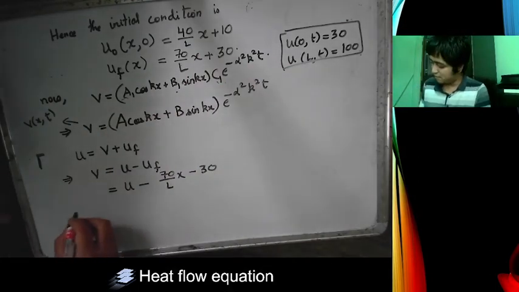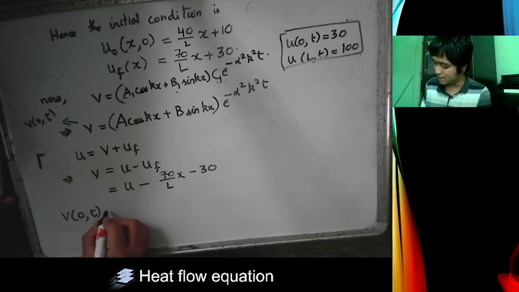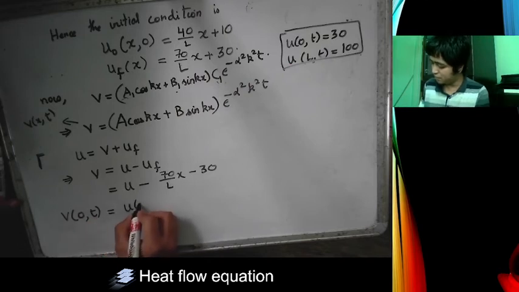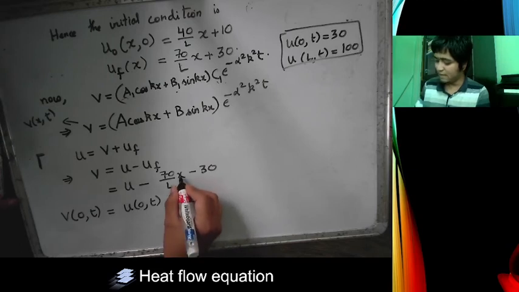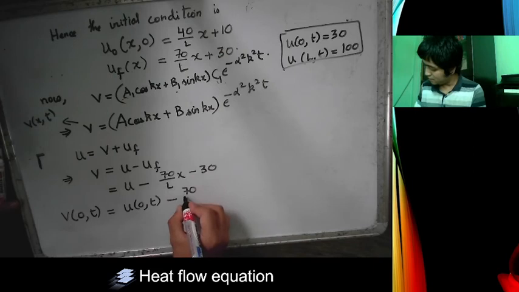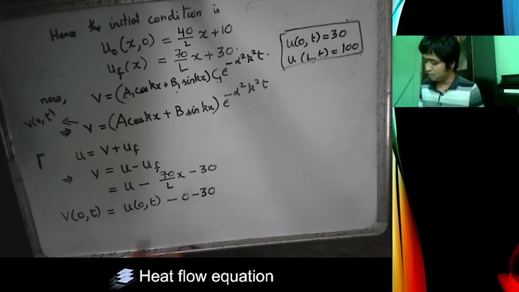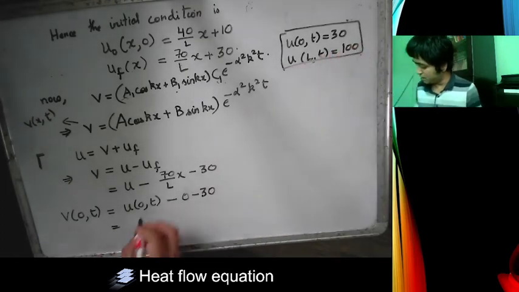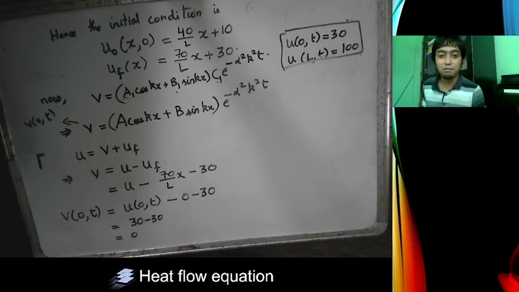At the left boundary, when x is 0 and time is anything, it will be u(0,t) minus 70 times 0, because the position is 0, minus 30, and u(0,t) was 30. So now it has become 0.